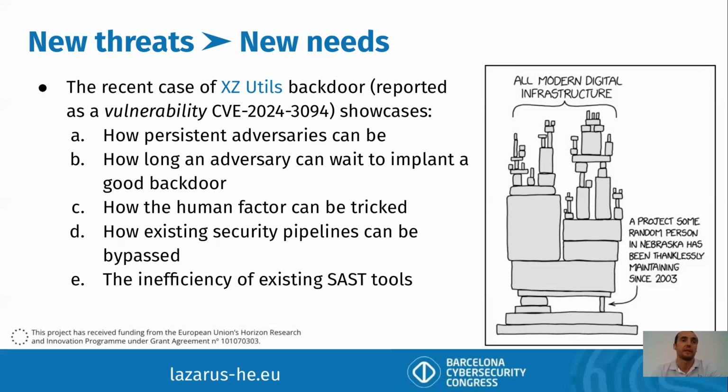And again, the detection was thanks to the keen eye of a human engineer, and it was triggered by some anomaly on the performance side, not even on the security side. So it once again underpins the inefficiencies that exist in all existing DevSecOps, SAST and DAST tools.